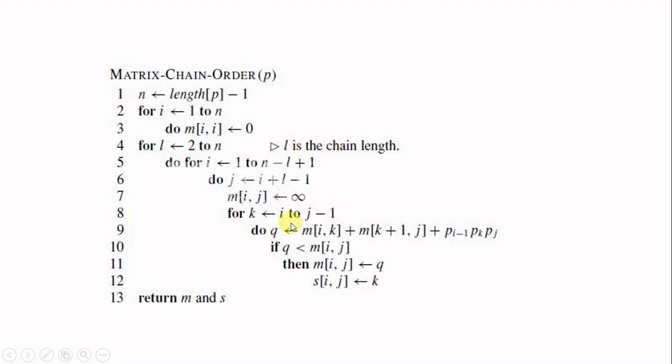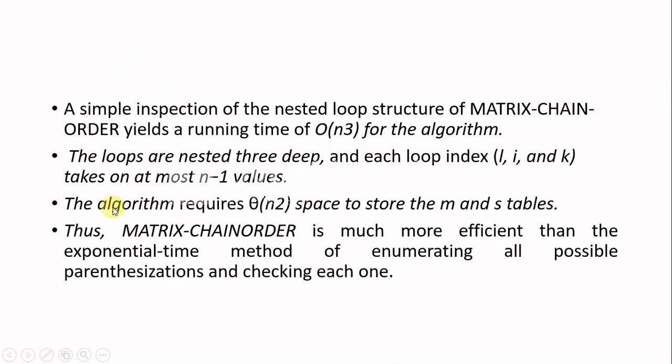So altogether you can say that the time is big O of n cube, and the algorithm actually requires theta of n square space to store the M and S tables, because the M table is M of 1 to n comma 1 to n.